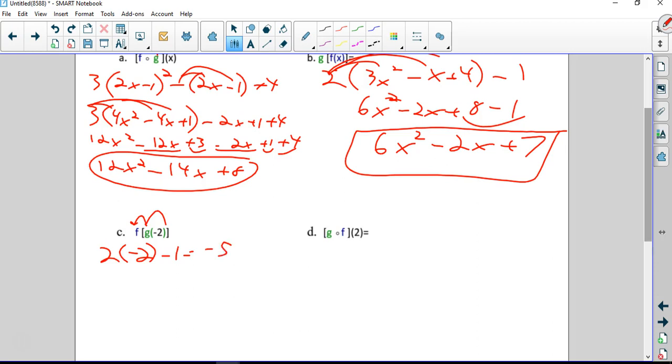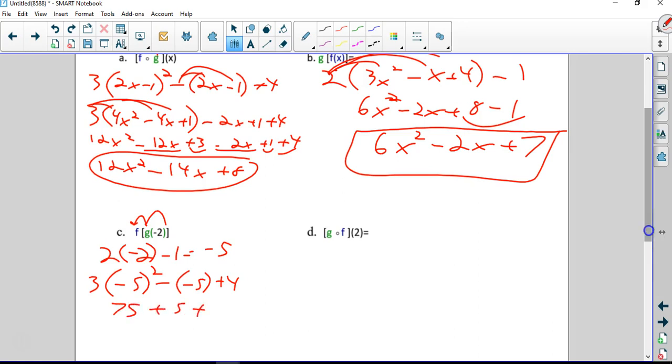Now, I'll put that into f, which is my quadratic. 3x squared, so negative 5 squared, minus, now be careful on this. It says minus x. So don't just write minus 5. It's minus x, which is negative 5. It's going to end up switching. Plus 4. Square the negative 5, I get 25 times 3 is 75.